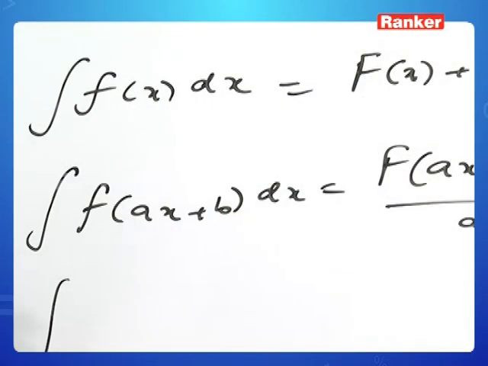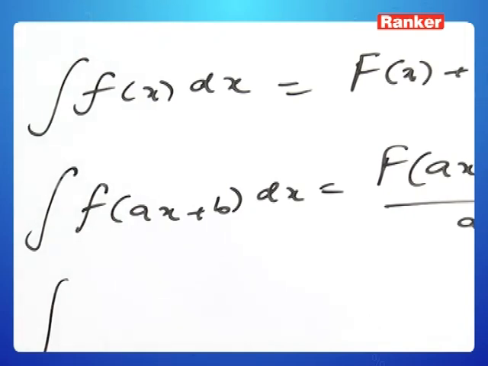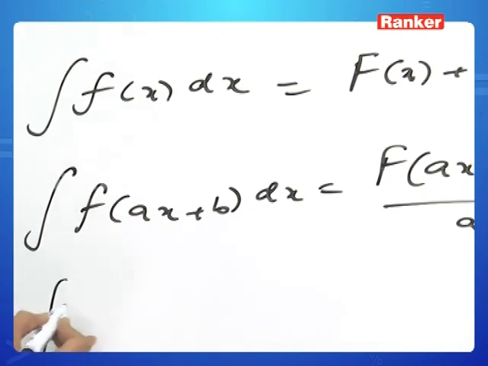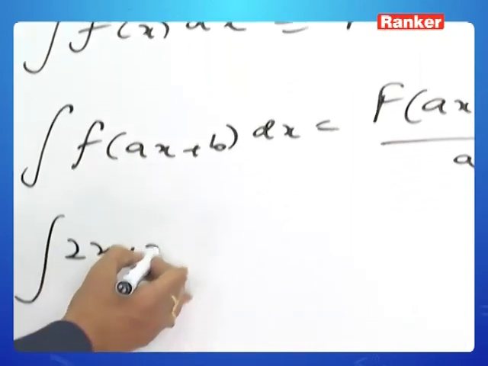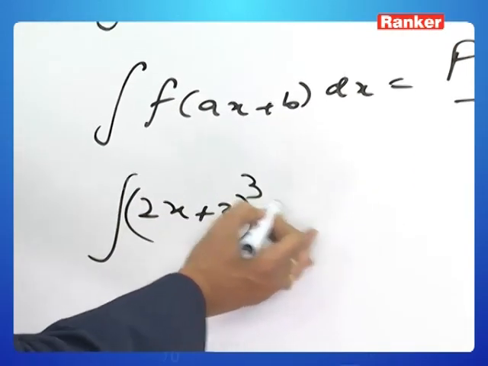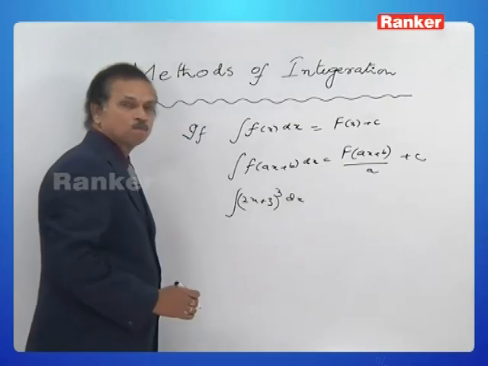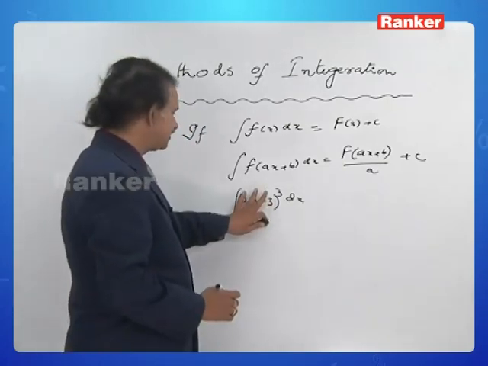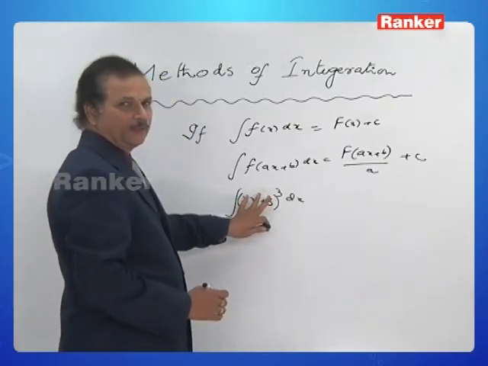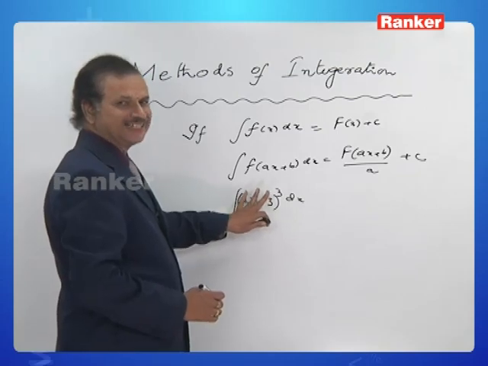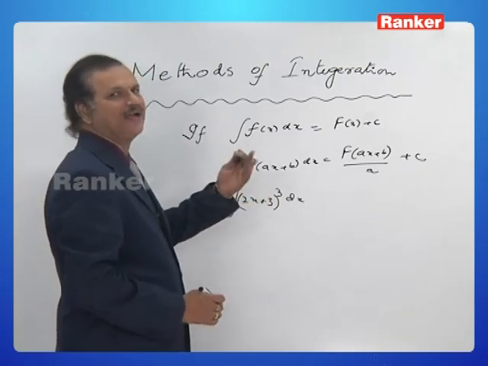We know that integral of x cube is x power 4 by 4. Suppose you are asked to find the integral of 2x plus 3 whole cube dx. You consider this to be some x in your mind. This looks like x cube. What is the integral of x cube? x power 4 by 4.